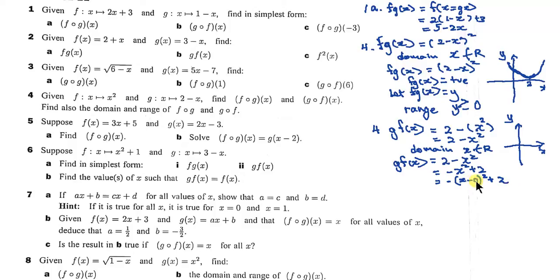The maximum y value it can go to is 2. When will this happen? When x goes to 0. So basically, if you use completing the square.